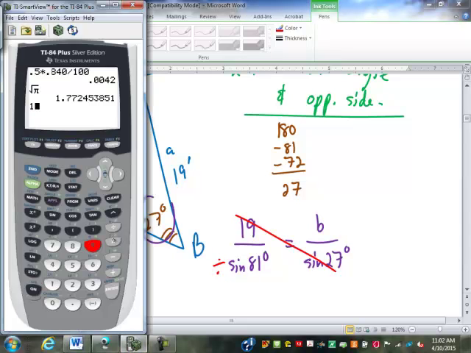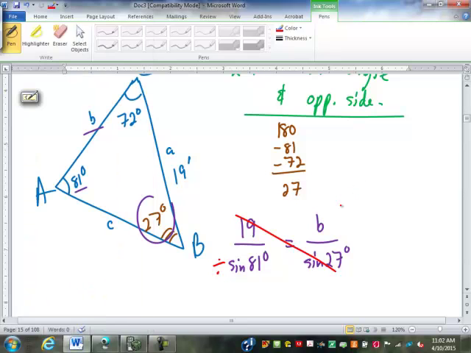Make sure you close the parentheses. That equals 8.733 feet, so we'll round it to 8.73.